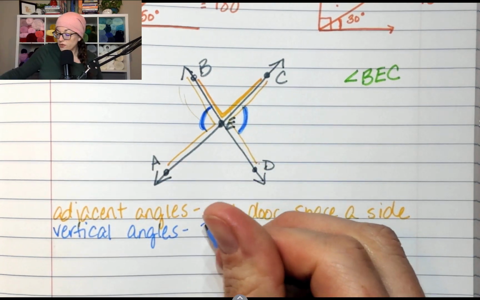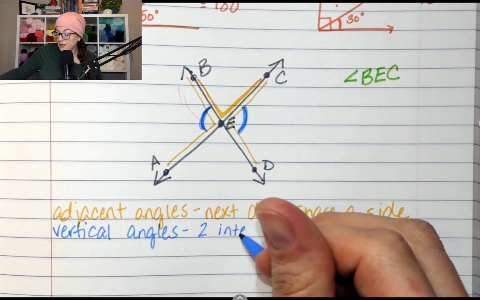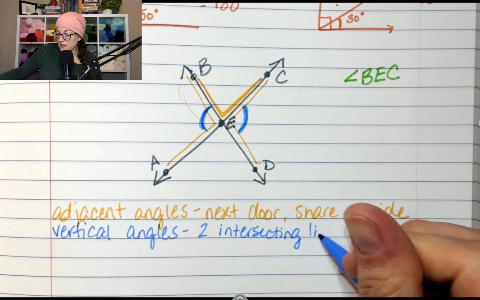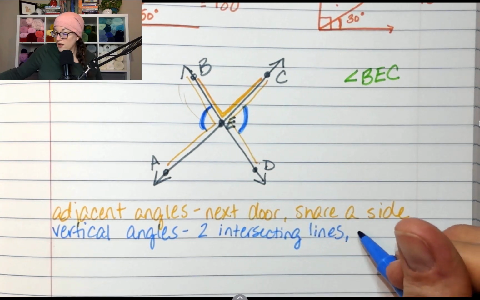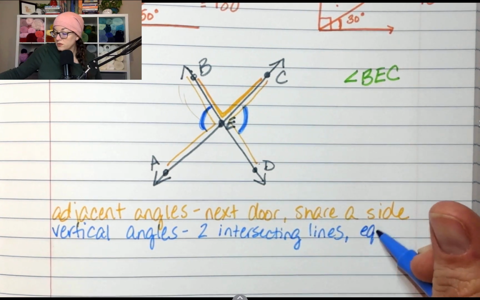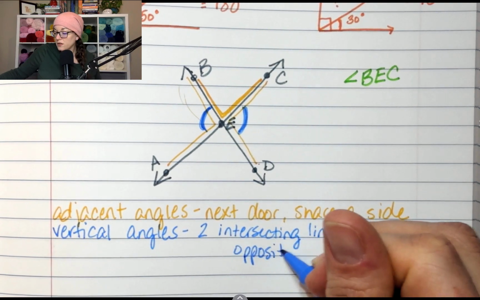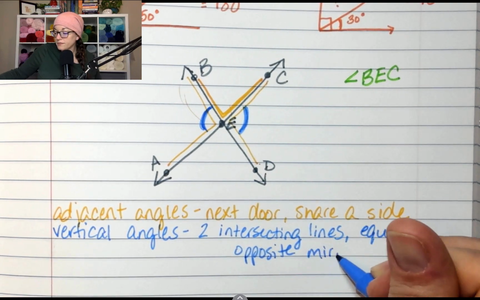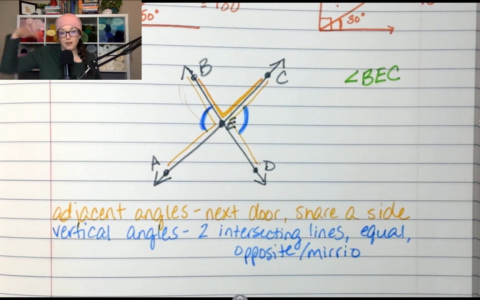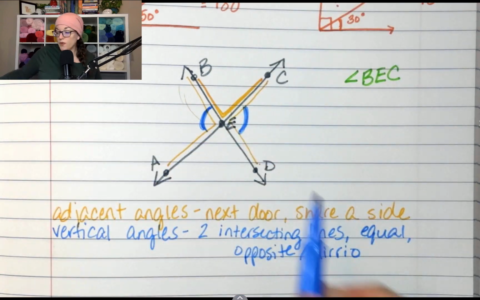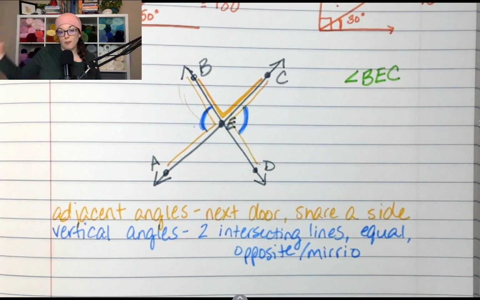They are formed by two intersecting lines. They are equal and they're opposite of each other, like a mirror. Like it's flipped over, so this one flips over to here. So they're equal and they're opposite.